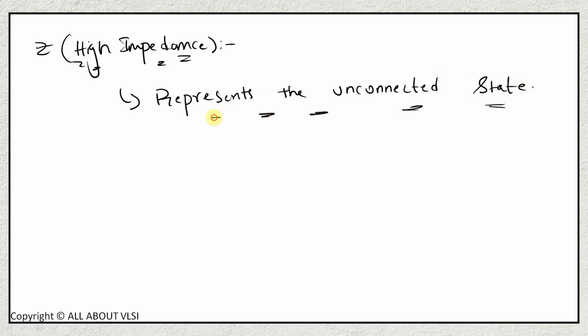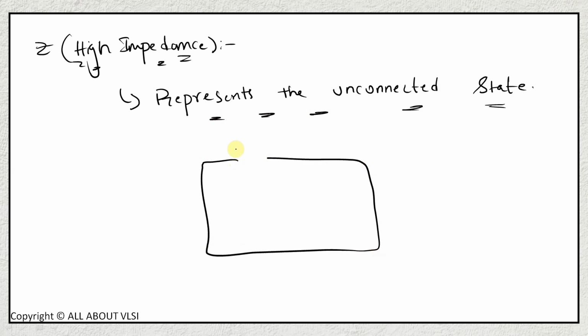For example, if we have a wire connection like this, and this circuit is incomplete, that is, this portion is unconnected, then it is represented by z. This is how we represent the unconnected state in Verilog with the help of the z symbol.